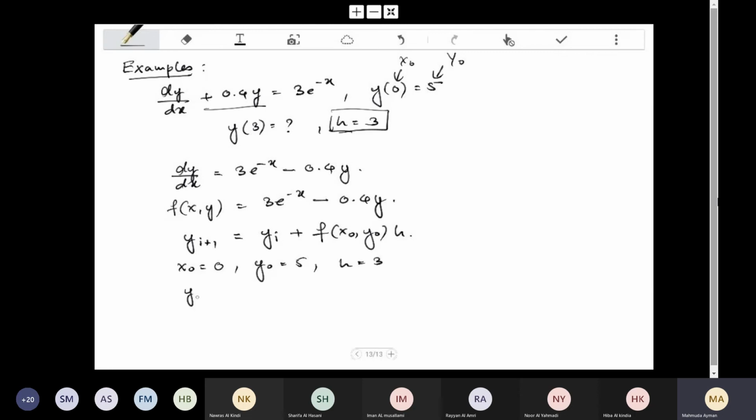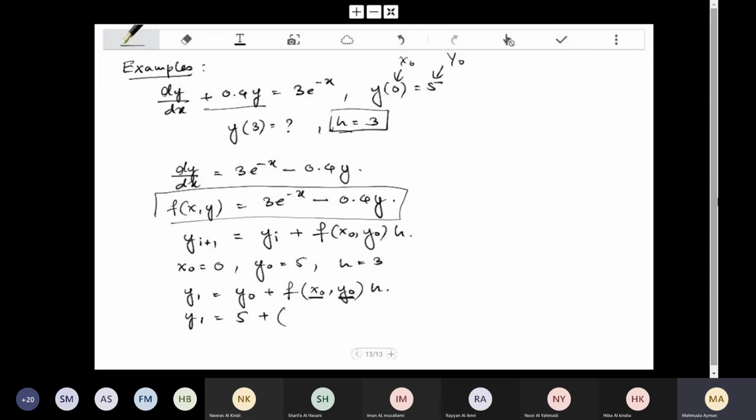So y1 will be y0 plus f of x0, y0 times h, which is 3. So y1 will be y0, which is 5, plus f of x0, y0, where we put the values of x0 and y0 into our function f(x, y).